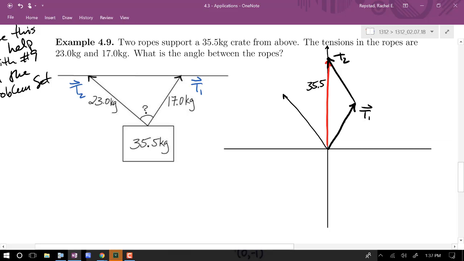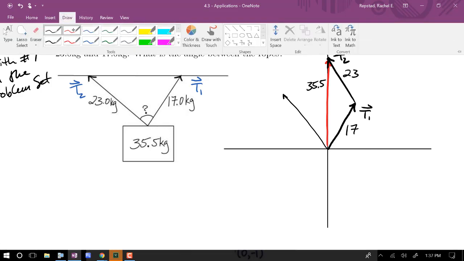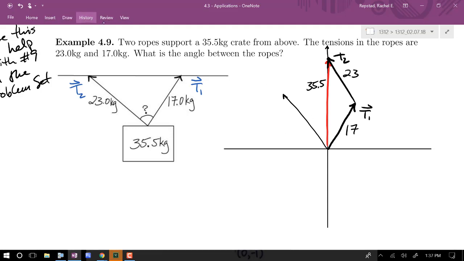So I know that the T1 magnitude is 17. I know that the T2 magnitude is 23. And we want the angle between the vectors, which, if we're looking at these vectors starting from the origin, is this angle here.